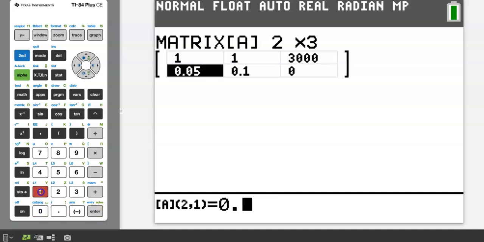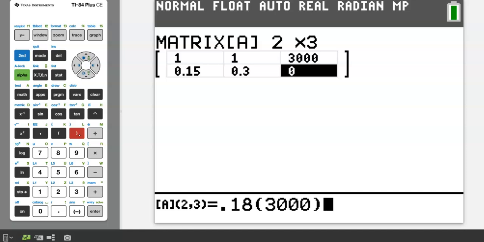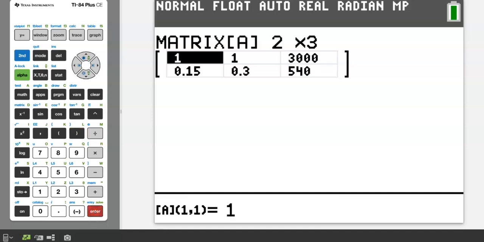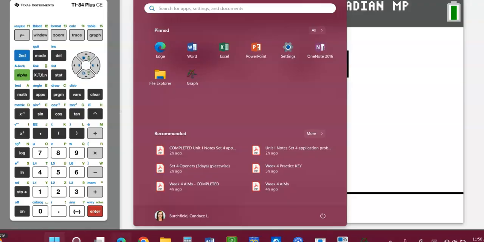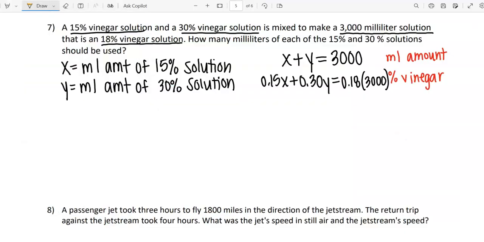And then 0.15, 0.30, and then notice what I'm doing. Do you see what I'm doing? I didn't calculate 18% of 3,000 yet. When I press enter, it will do that for me. So if you want to wait to do it until you put in your matrix, you can. Regardless, you need to write that number down. The way I'll write that number down, usually I'll draw an arrow through this, and I'll say this is 540.